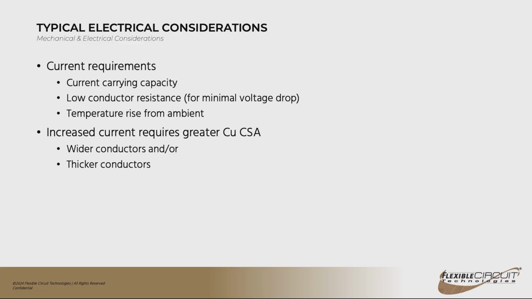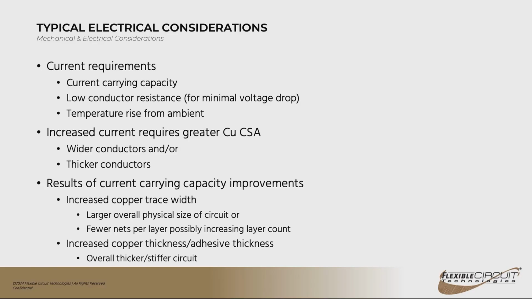And there's only a couple of ways that you can deal with high current applications on a printed circuit board, whether it's flex or rigid flex. And that's either wider conductors or thicker conductors, and you have to increase your cross-sectional area with one of those two features. So if you look at the results of increasing either your cross-sectional area with trace width or trace thickness, you can see that what happens is you're either going to have an overall larger physical size of the circuit because your traces are wider, or you're going to be able to get fewer nets per layer, which may increase your layer count.